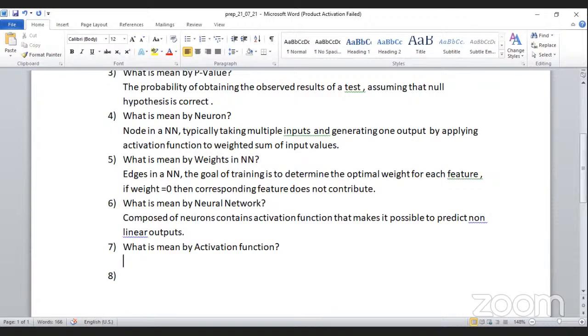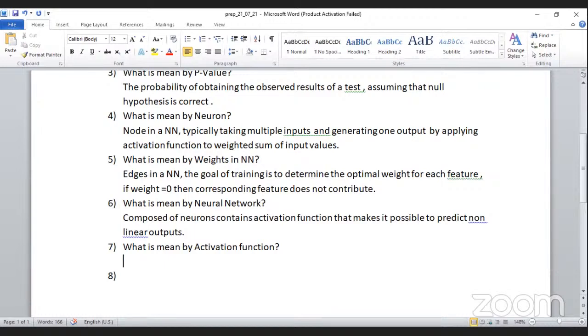Okay, it activates neurons to produce the correct output. It converts a linear function into non-linear. Yeah, a very simple and crisp answer you have given, Vishwanath.